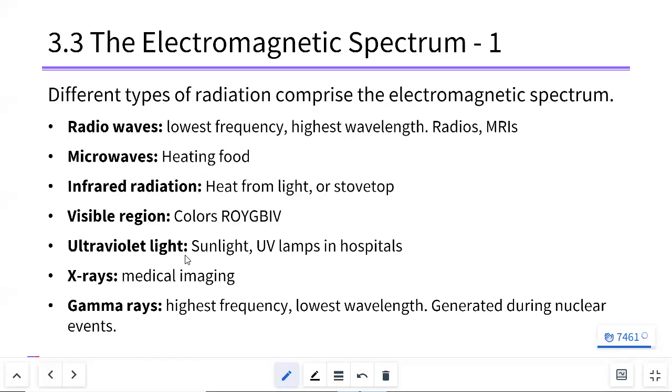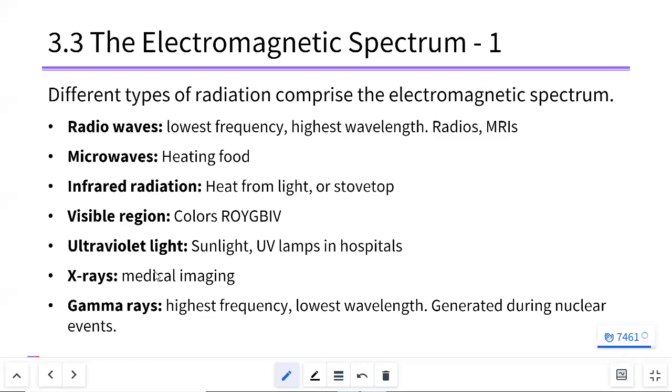We go to the visible part of the spectrum, the part of the spectrum that we can actually see and actually pick out individual colors from. Beyond that is the ultraviolet light. This is the light that is slightly more energetic than violet light. So Roy G. Biv represents the colors of light in their order of energy, red light being the least energetic, violet light being the most energetic.